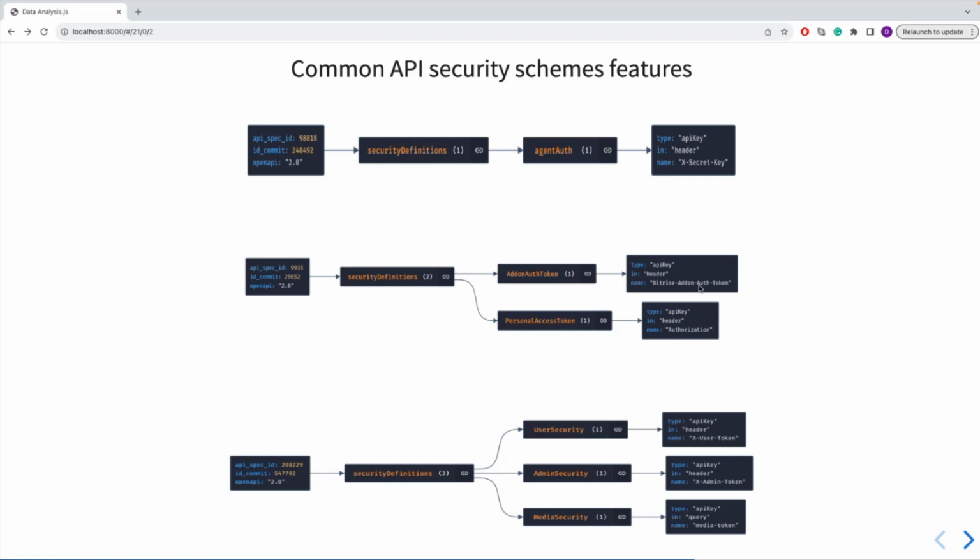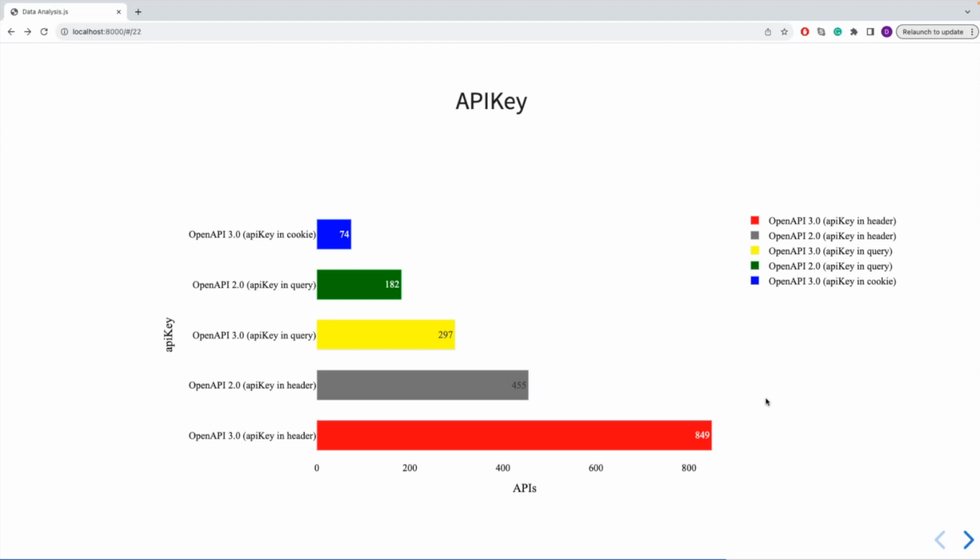We can also see several names for these keys, and how these common APIs behave. If we count the APIs using the API key security schema in header, we can see how many APIs are using it, and also API key in query, and also in cookie.